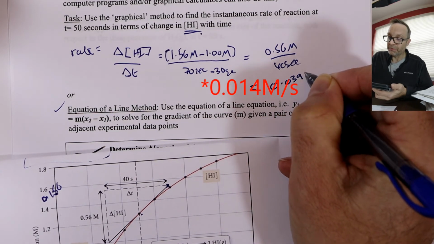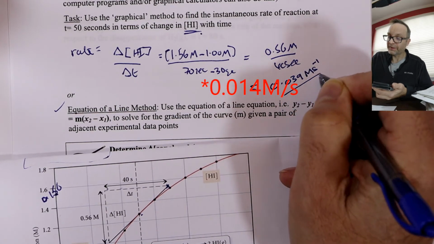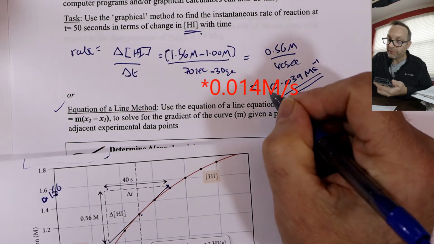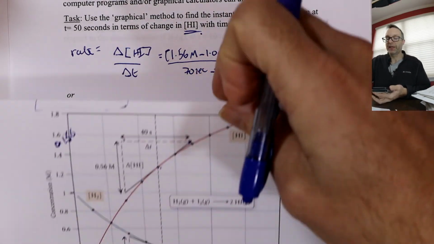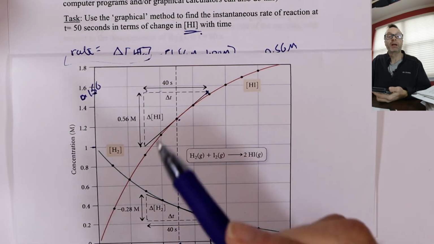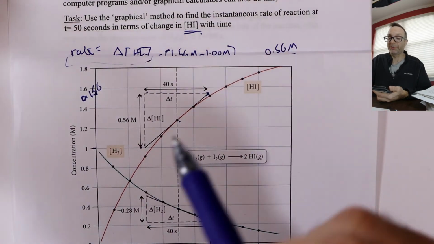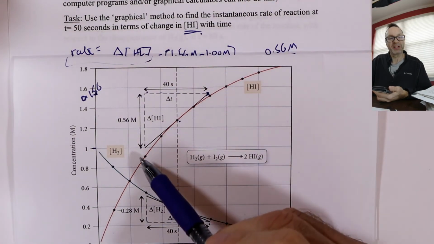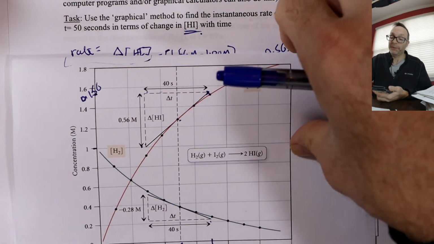Remember the units, moles per liter per second. Moles per liter divided by seconds. And if you like, you can put a plus in front because it's appearing. That makes total sense because when we put those numbers in our equation, it was the big number minus a small number, which gives a positive number. So when we have a positive slope, from bottom left to top right, it's always going to naturally give us a plus number.